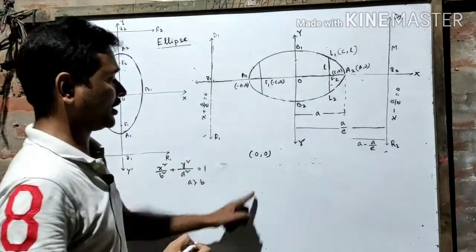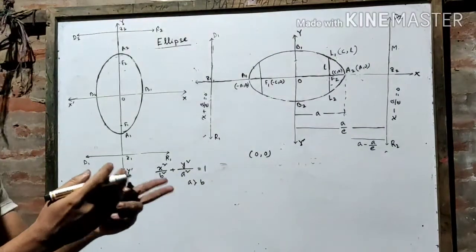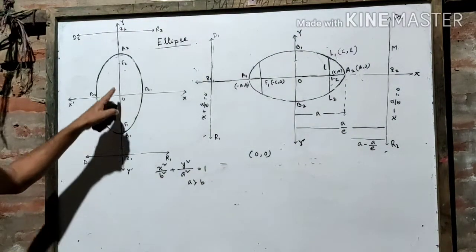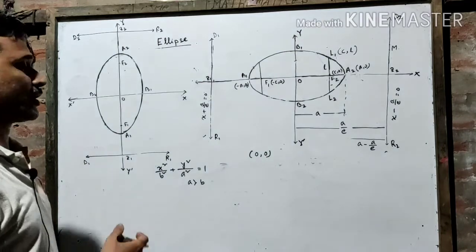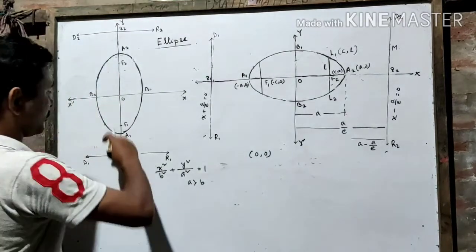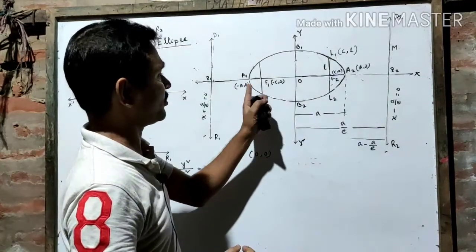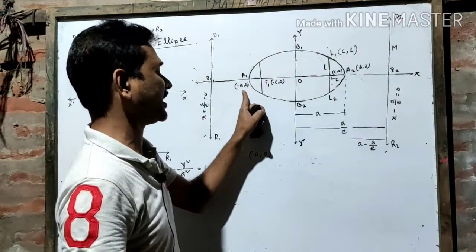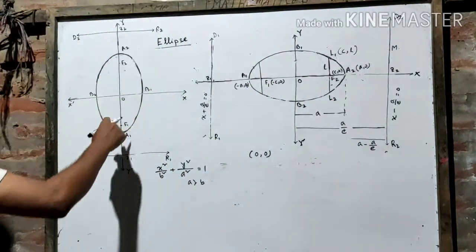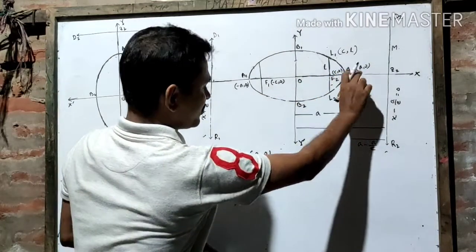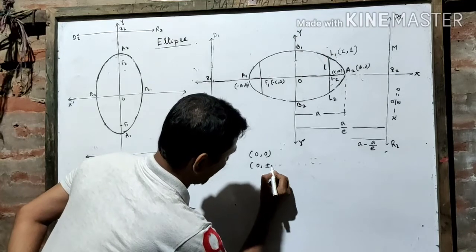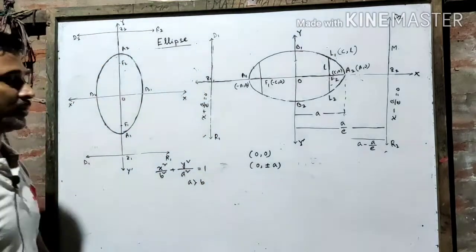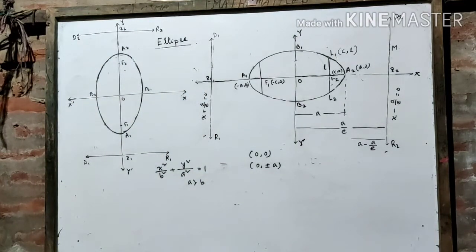It neither depends on x nor on y. What are the coordinates of vertices? For the earlier ellipse the vertices are a, 0 and minus a, 0, and for this x and y will be interchanged. So the coordinates of vertices will be 0, plus minus a.